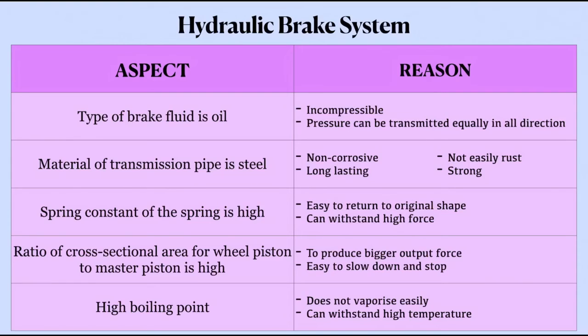Third, it has a high spring constant for the spring, so it's easy to return to its original shape and can withstand high force. Fourth, it has a high ratio of cross-sectional area for the wheel piston to the master piston. Why? So it can produce a bigger output force and is easy to slow down and stop. And lastly, it has a high boiling point, so it does not vaporize easily and can withstand high temperature.